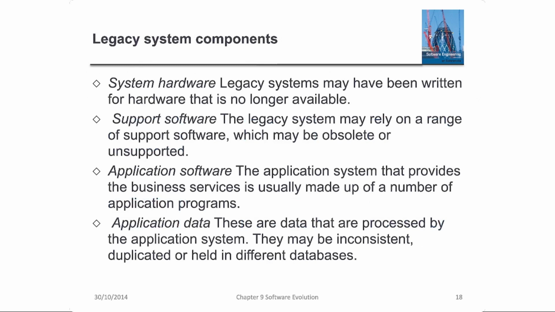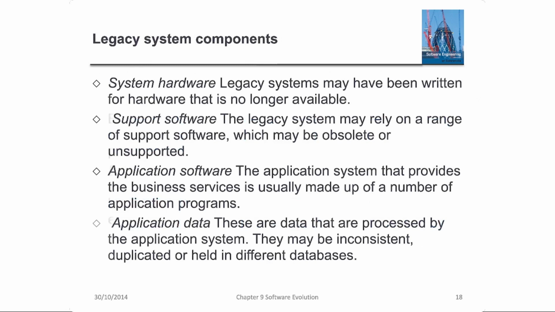Then we have the application software, which is the driving force of business services, often consisting of a suite of individual programs. Finally, we must consider the application data. This is the information processed and managed by these systems, characterized by potential inconsistencies or duplications, and even sometimes distributed across various databases.